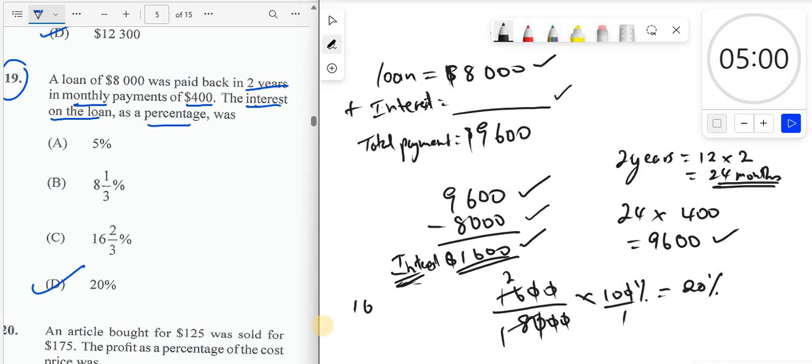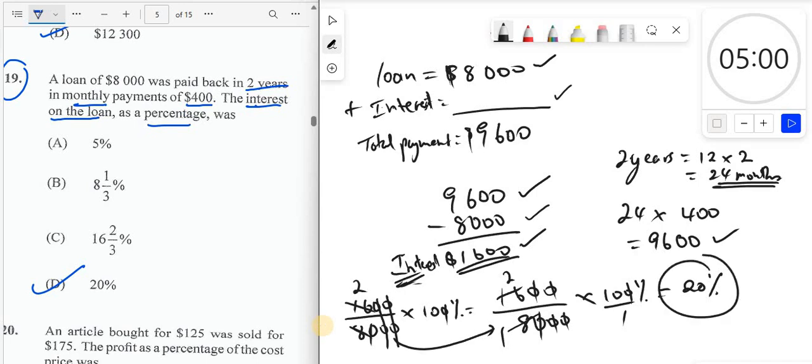You're trying to find out what percentage of the loan you paid in interest. You put the interest on top over the loan, which is 8,000, and multiply by 100% to convert that to a percentage. So that's what I got over here. And in canceling, 0 cancels 0 here. 8 goes into 16 twice, and 2 times 10 is 20. All right, so what we get is 20%.